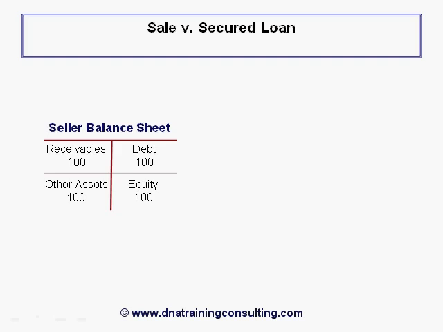The simplified balance sheet you see here shows a seller with $100 of receivables, $100 of other assets, $100 of debt, and $100 of equity. Prior to the transaction, the debt-equity ratio is therefore 1.